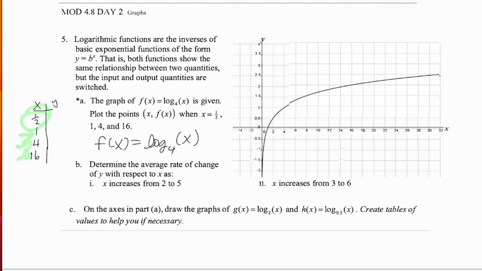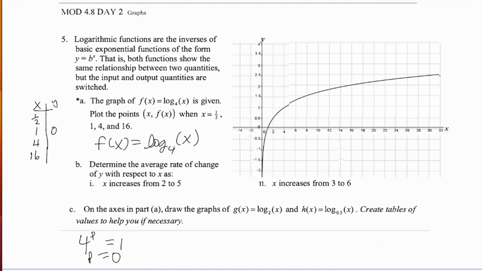Then we'll come back to the 1/2, okay? So the first one here, what power would we put on a 4 to get the number 1? Well, the power we use on anything to get a 1 is 0. So the answer to that is 0.